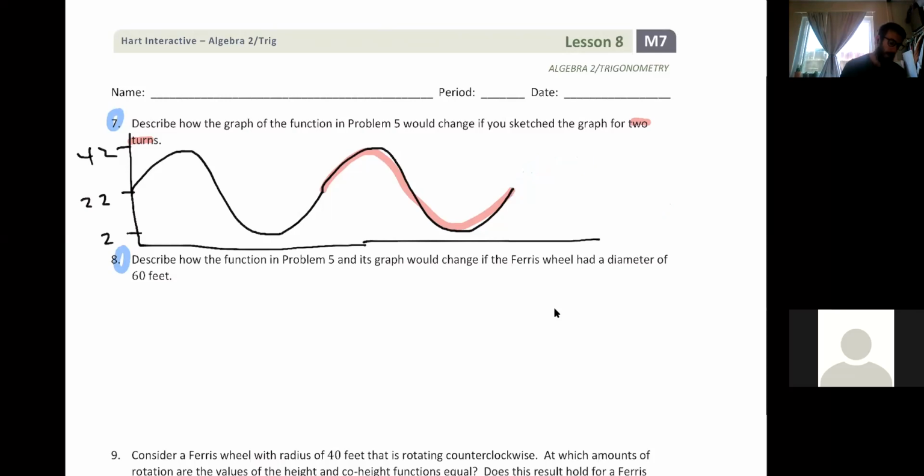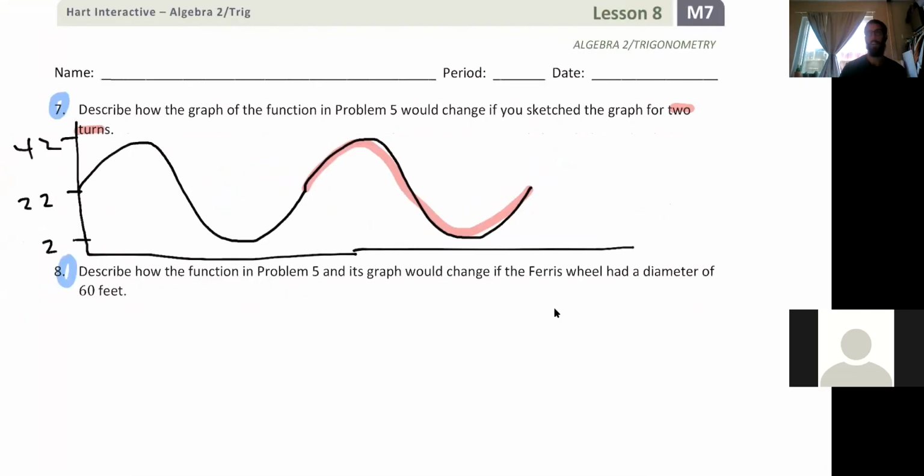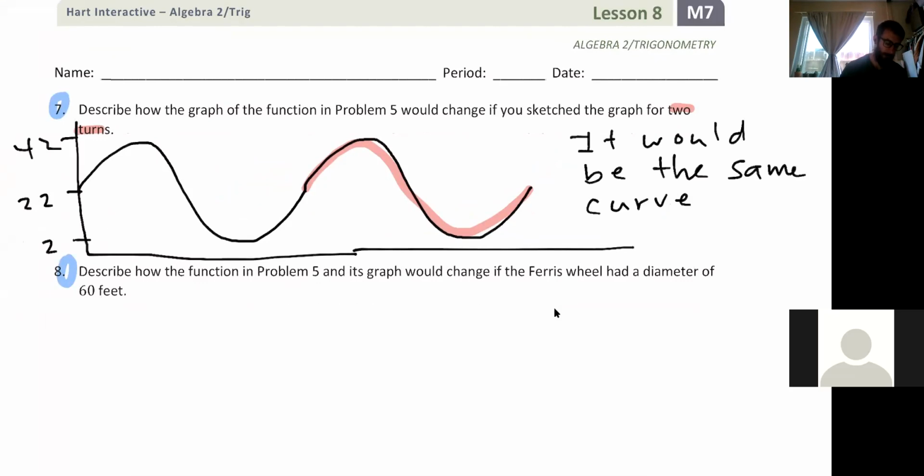So they ask us to describe it, in short, non-formatted English. How would it be similar to problem 5? It would be the same curve, just repeated. So it's a repetition, it is a cycle, it is a full revolution.